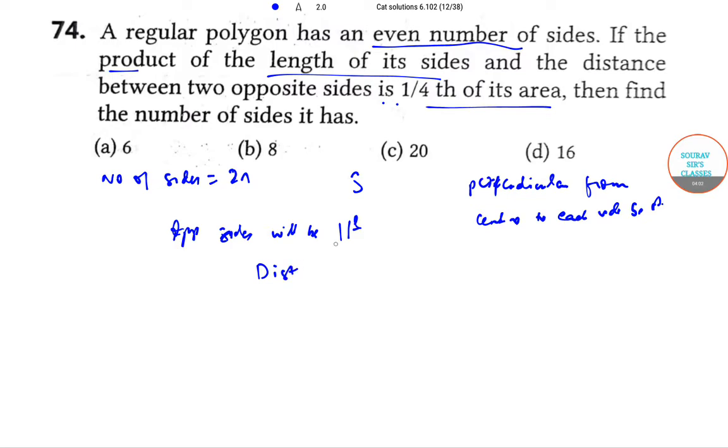So the distance between opposite sides is equal to 2 into p. And the area of the polygon would be 2n into s into p by 2.